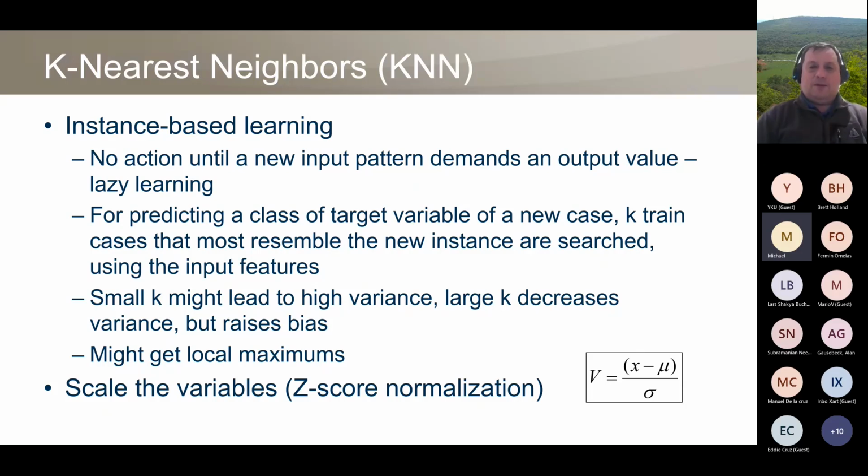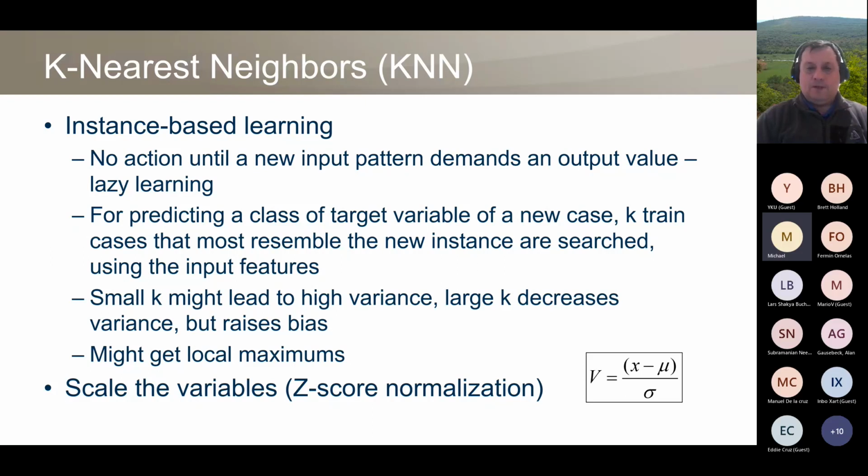We just have the data set, and then we have a new case, and then we use input variables to find k cases, like 10 cases, that are the closest to this new case. And then we have a target variable. We use average or median or whatever statistical value of this target variable.